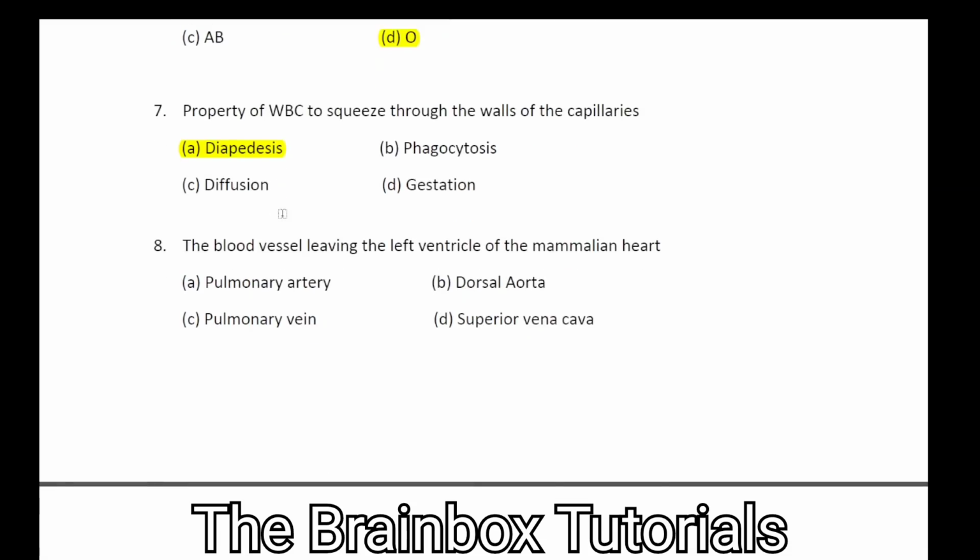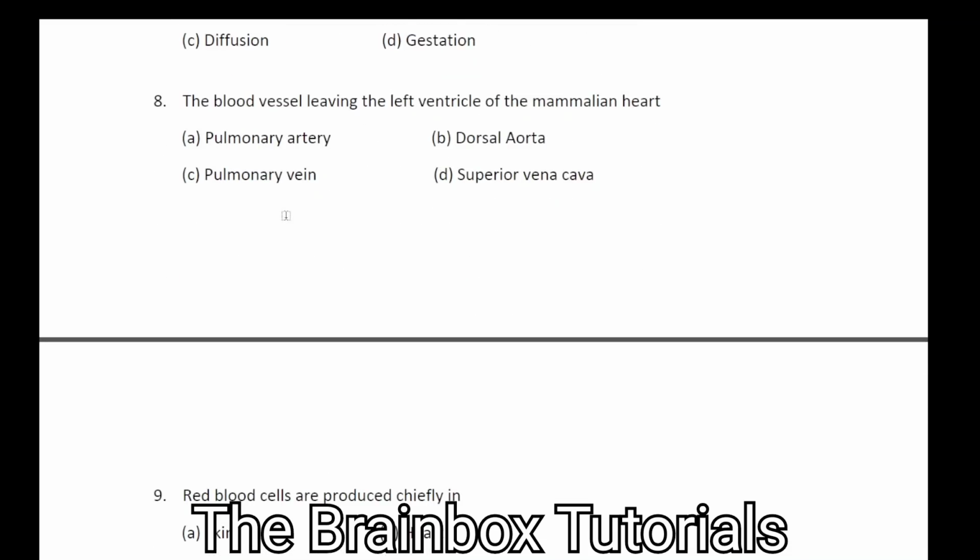Now coming to number 8. The blood vessel leaving the left ventricle of the mammalian heart. Options are A pulmonary artery, B dorsal aorta, C pulmonary vein, D superior vena cava. And the correct option is dorsal aorta because blood vessel leaving the left ventricle carries pure blood, that is oxygenated blood.